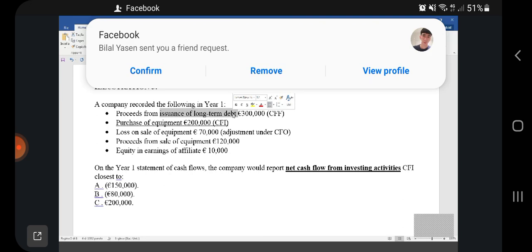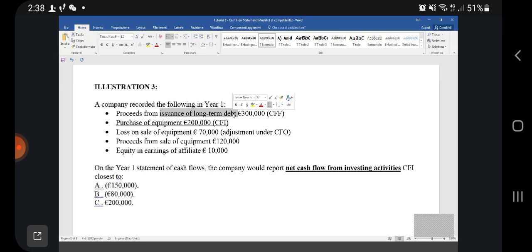Because if you issue a loan, for example, it's not investing activities. Once again? She asked, if you issue long-term debt, isn't it investing? Because if we issue debt, this means that I'm collecting money.